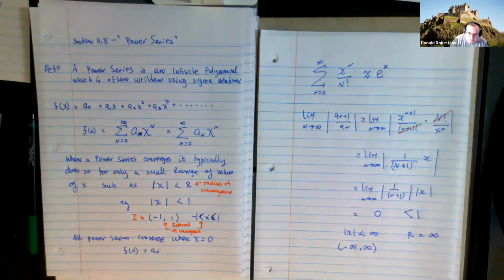So the comparison test should typically only be used when you have a fraction, most commonly anyway, a fraction where the numerator is weird. That's most likely. So I'll give you an example of what I'm talking about.